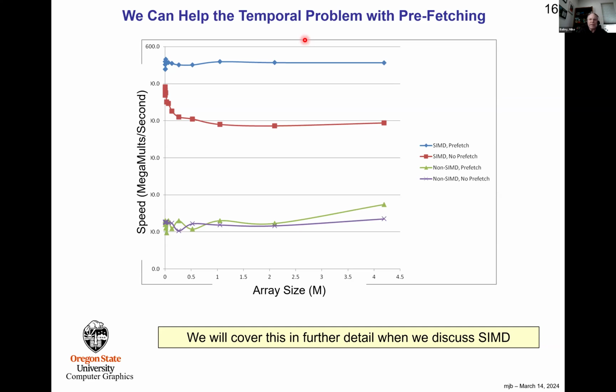And that's called prefetching. And so if you're doing array times array multiply, if you turn on prefetching, you get performance like this. And if you don't turn on prefetching, you get performance like this. So yes, look at the prefetch notes.